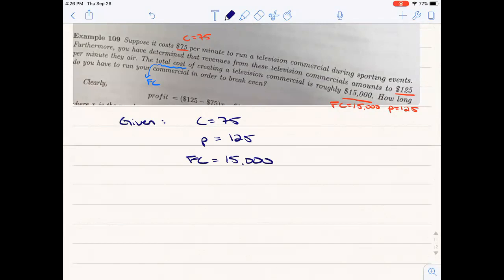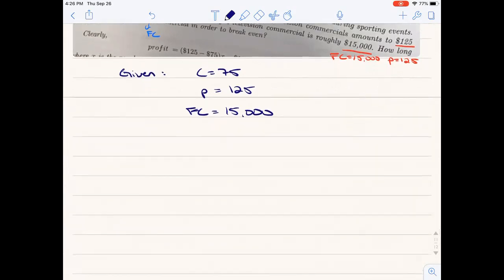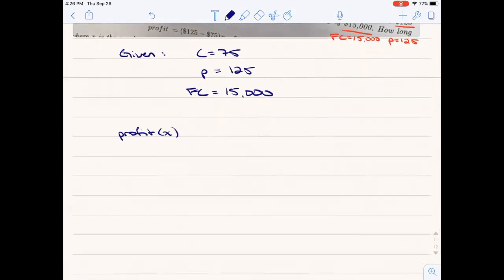And so what we need to do is find our profit function, set it equal to 0, and figure out what X is, right? And that'll be the number of minutes that we need to run it for in order to make 0 profit. And so we've got our profit of X. In general is X times P minus C minus the fixed costs.